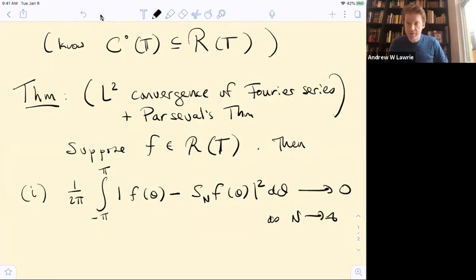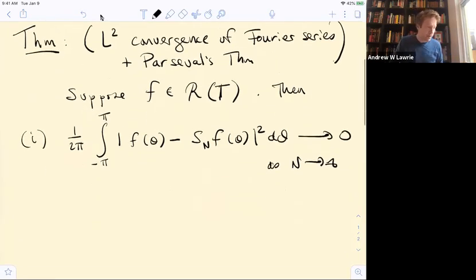So we have convergence of Fourier series, but in this average sense, after integration. And two is what is called Parseval's theorem.